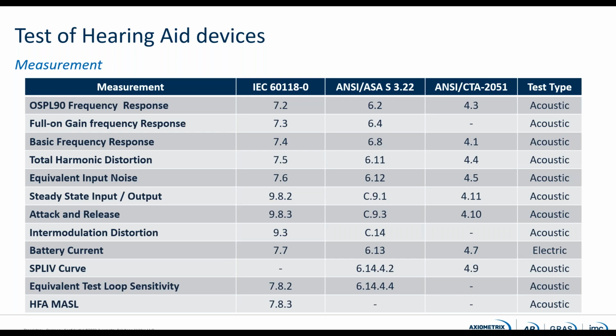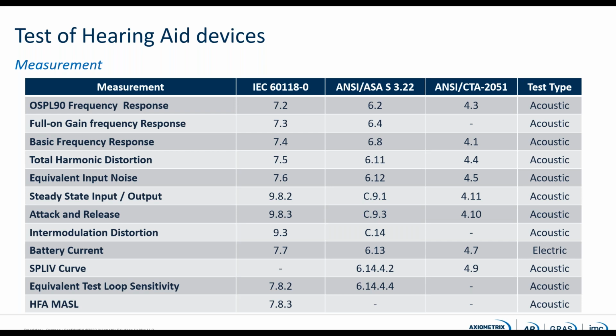If we look at what we are actually going to measure when a hearing aid is leaving the production line, then each of these standards are more or less the same. They're also a little bit different between the different standards.